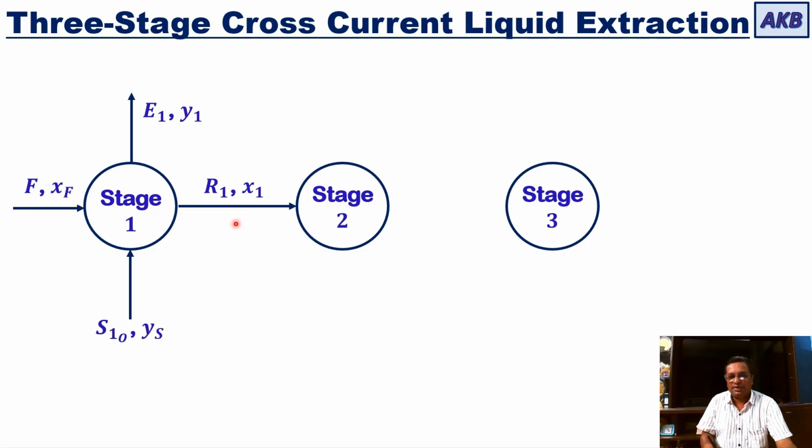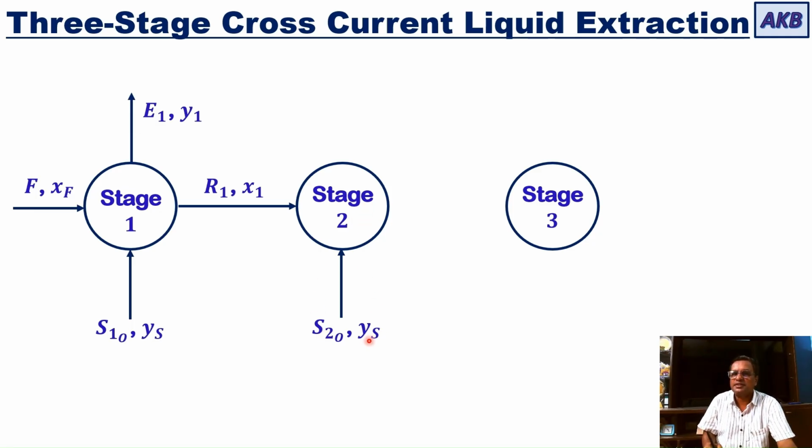Then the raffinate phase that comes out of stage number 1 is sent to stage number 2, where it is contacted with fresh solvent. So here S20 represents mass or mass flow rate of the solvent that is going to stage number 2.